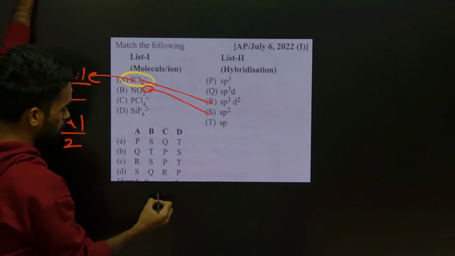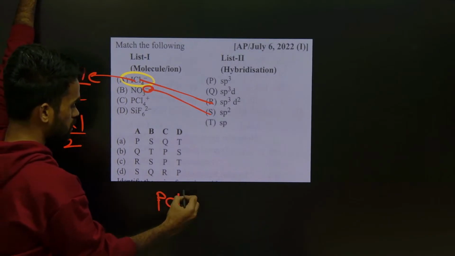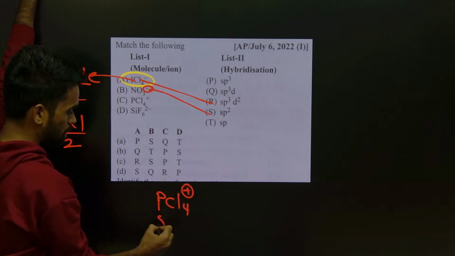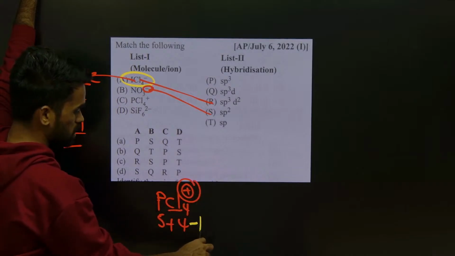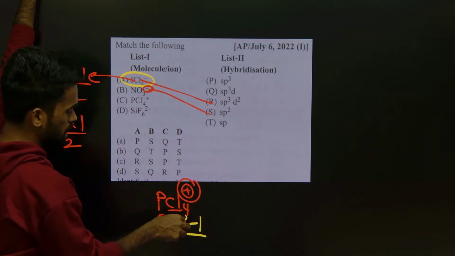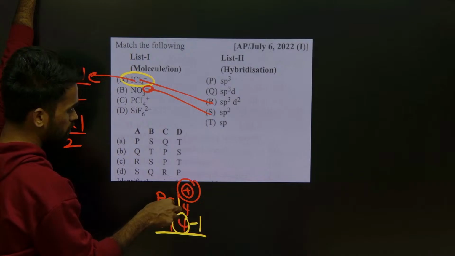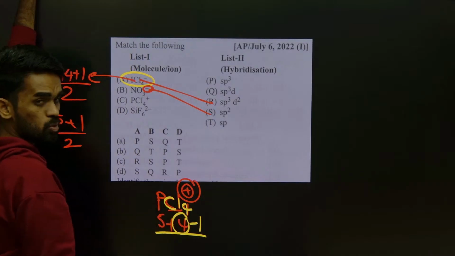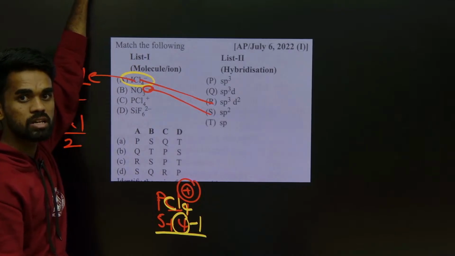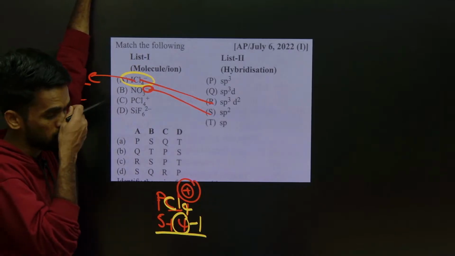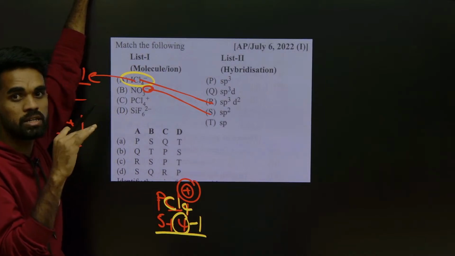PCl4 plus, see, what will be your answer? PCl4 plus means 15th group element 5, halogens are 4, positive charge is there, remove 1. See, you need to take this number only if the given atoms are monovalent. Monovalent means they should form only single bonds. If they are like oxygen, they are divalent, so it forms 2 bonds, 1 sigma 1 pi, so do not take that.